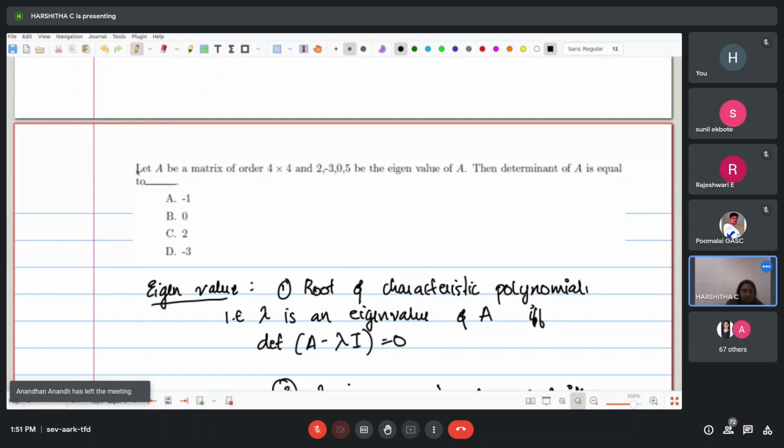It is 0. Exactly. Here, since 0 is one of the eigenvalues, the product will be 0 and hence the determinant will be 0.